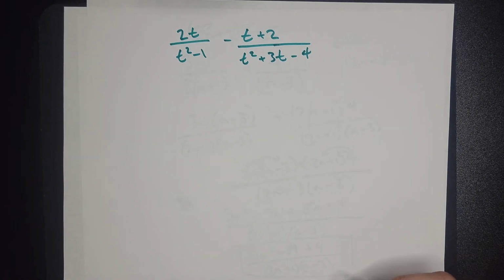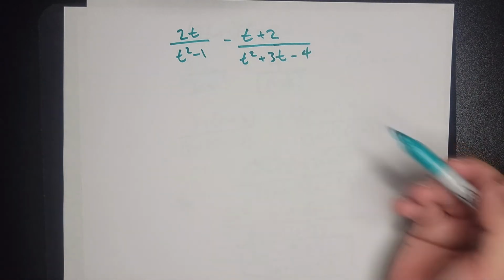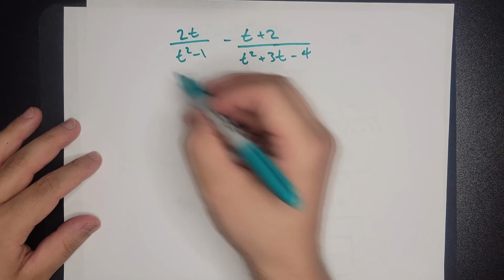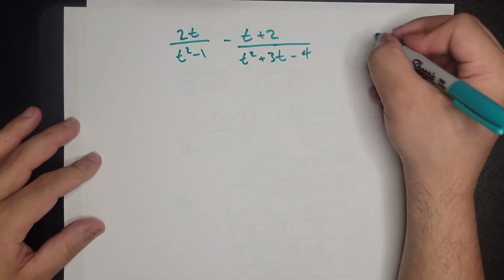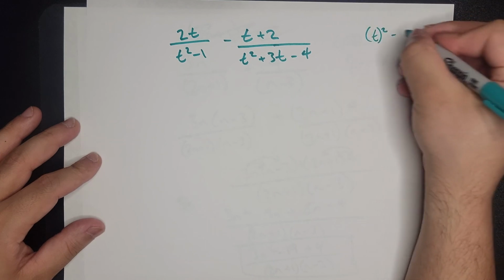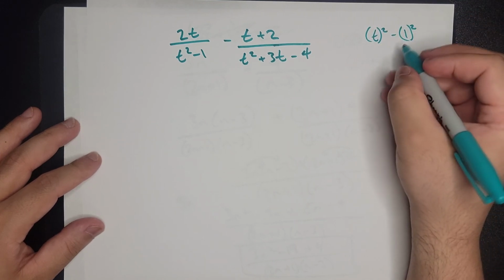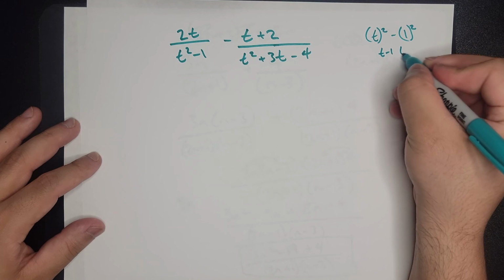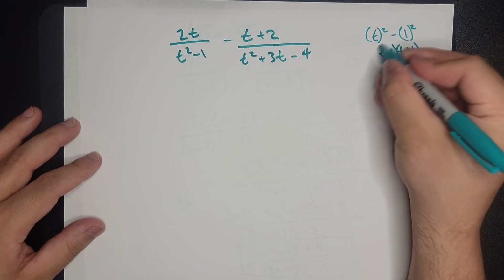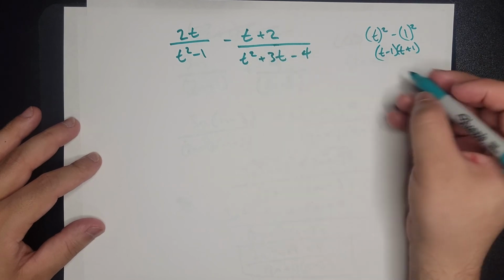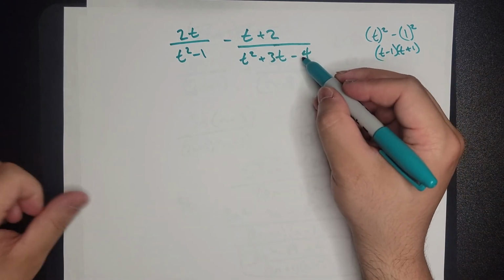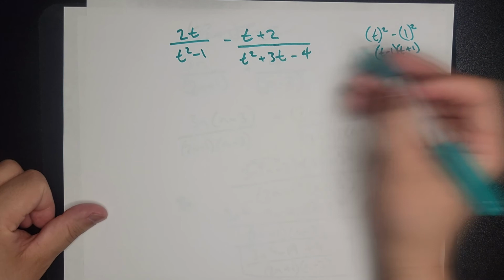This is going to be interesting. So here I could just cross multiply and simplify. But if I wanted to save myself trouble, I know that this is a difference of squares. T squared minus 1 squared. So that'll give me t minus 1, t plus 1. That's what this is. And this one I can also factor: two numbers that multiply to negative 4 and add up to positive 3.